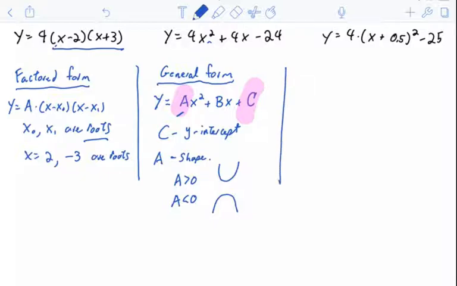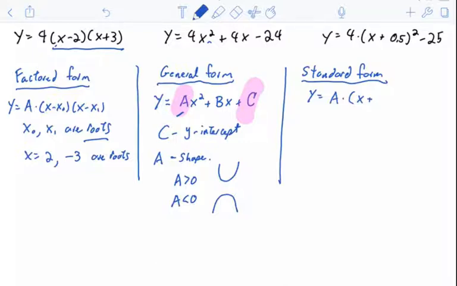Last, I expect, this is called the standard form. This one is most like the point-slope form of any of the different expressions. The recipe for the standard form is a times x minus h, squared, plus k.